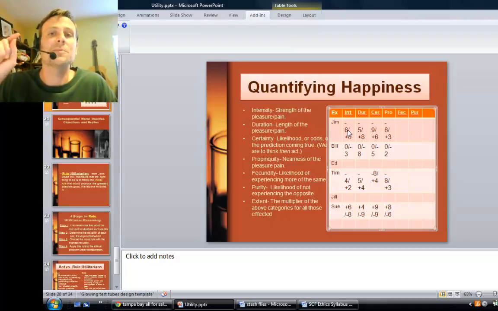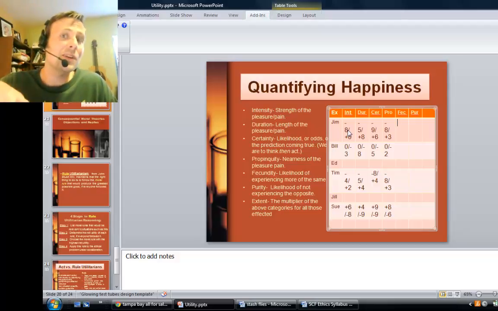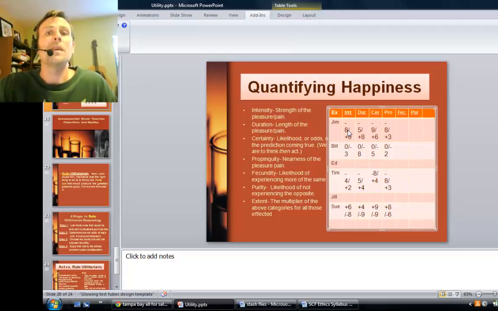So fecundity is producing more of the same experience. So how likely is it that our allowing Jim to stay right now produces other effects in his life that make him happy? So is he more likely to get a satisfying job, or a meaningful relationship, or buy a nicer car, or watch better TV, or drink better beer, or other things that will make him happier if we allow him to stay?